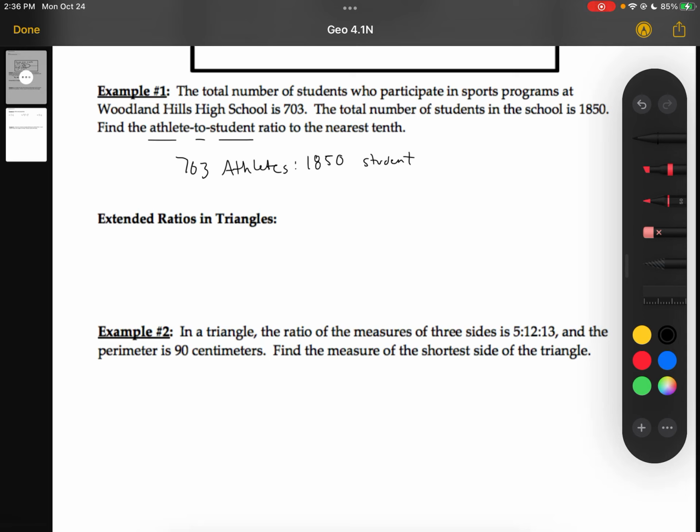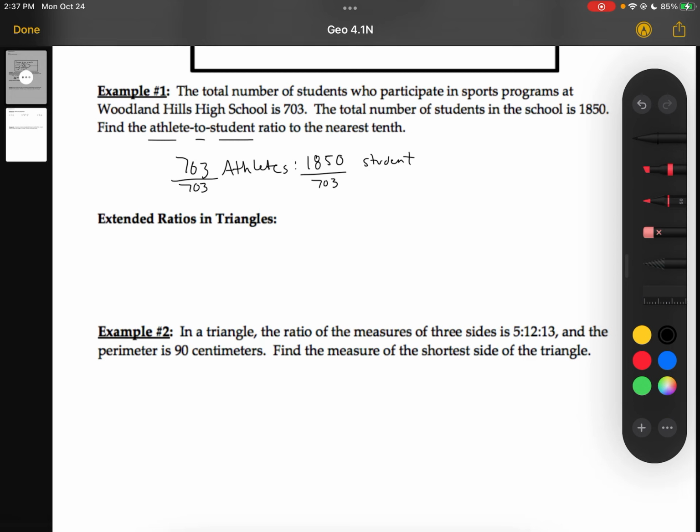Now the key concept here though is we have to make sure that we are getting this down into understandable terms. So what we do is we take our smaller term, 703, and we're going to divide both sides by 703 to get our full ratio here.